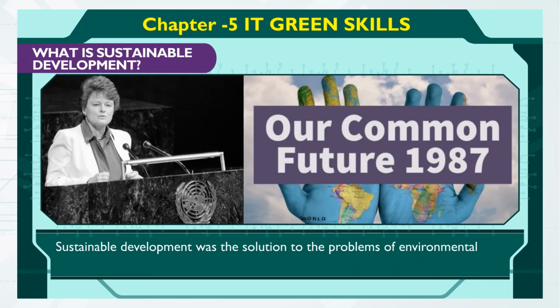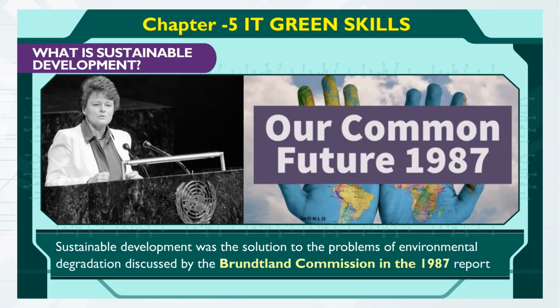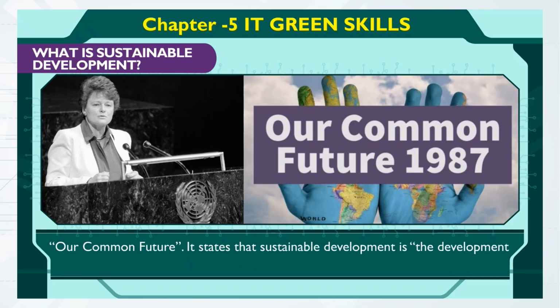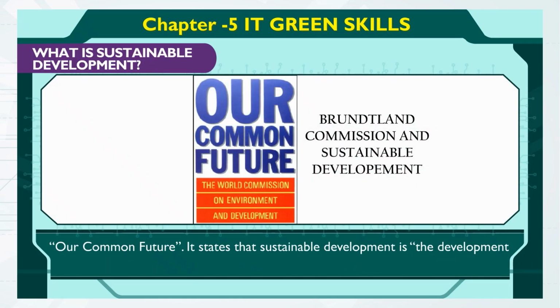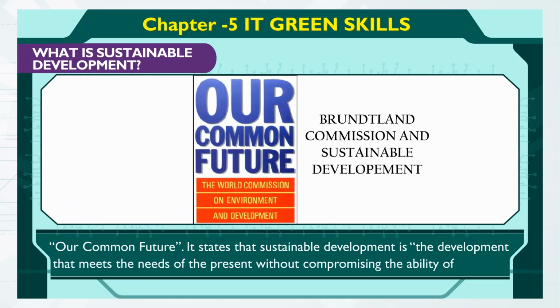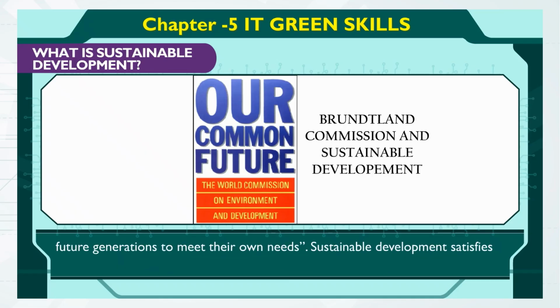Sustainable development was a solution to the problems of environmental degradation discussed by the Brundtland Commission in the 1987 report, Our Common Future. It states that sustainable development is the development that meets the needs of the present without compromising the ability of future generations to meet their own needs.